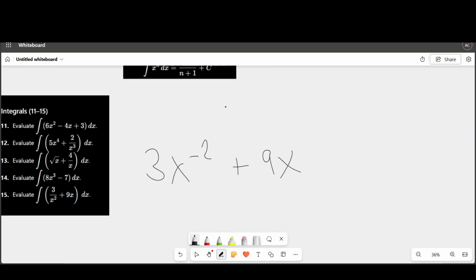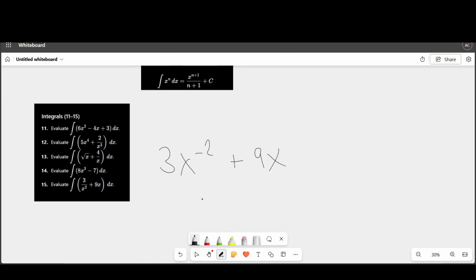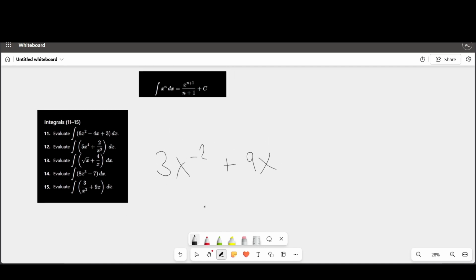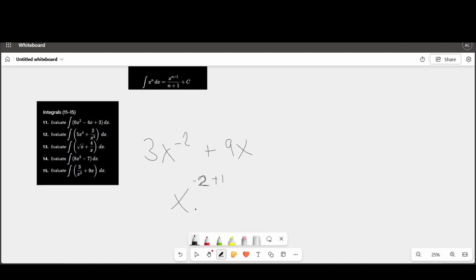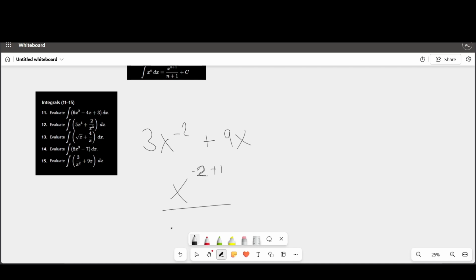We have x to the negative 2 plus 1. Negative 2 plus 1, we get x to the negative 1.